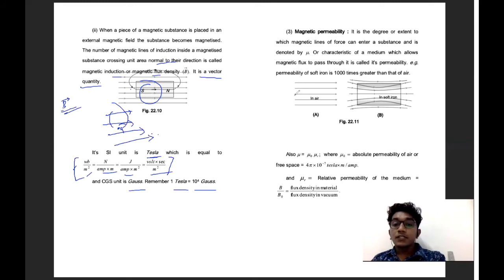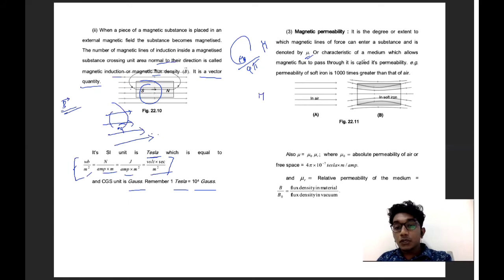All right, next is magnetic permeability. It is the degree to which the magnetic lines of force can enter a substance, and it is denoted by mu. We have seen this: do you remember mu 0 by 4 pi? This mu 0 is the permeability of free space. Similarly, in a medium it will be mu.